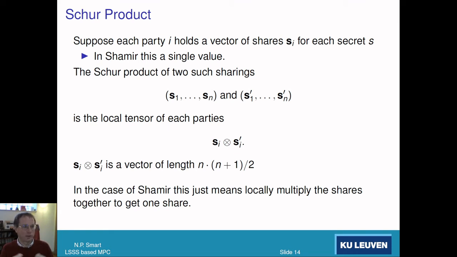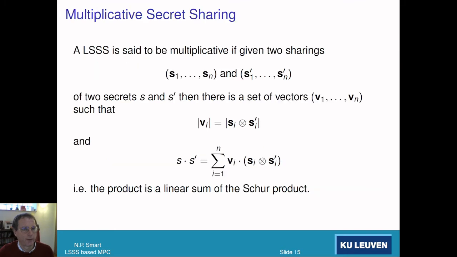Now in Shamir, that just means I've only got one value, so I just multiply them together. Okay, so this is kind of easy for Shamir, but in general, it involves a little bit extra. Now, a multiplicative secret sharing scheme is one for which if you have a sharing of S and a sharing of S dashed, then you can express S times S dashed as a linear sum of all the Schur products.